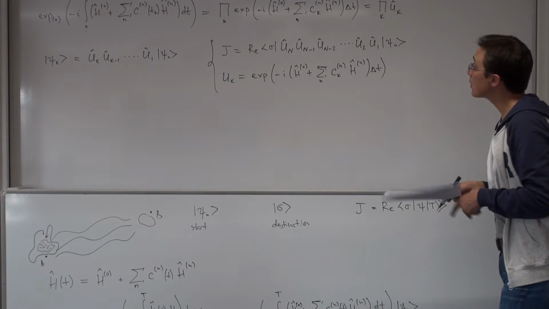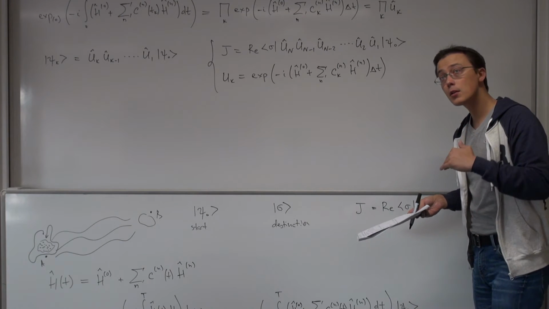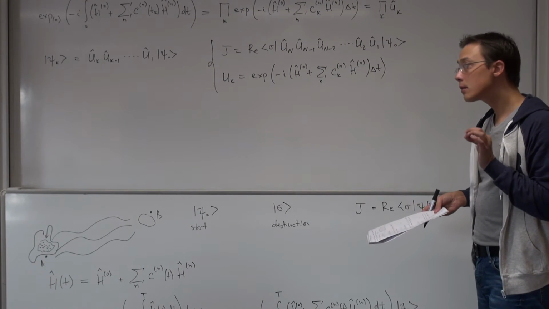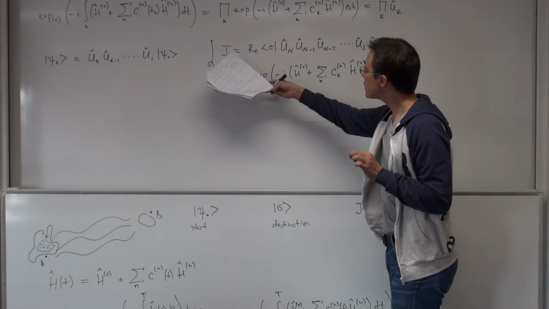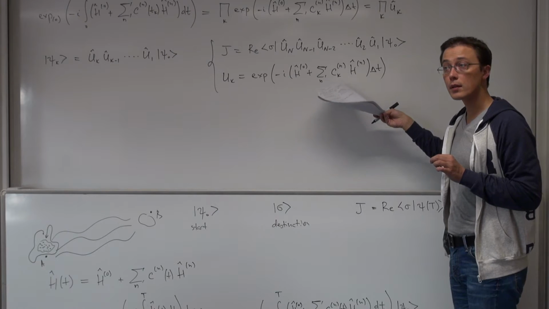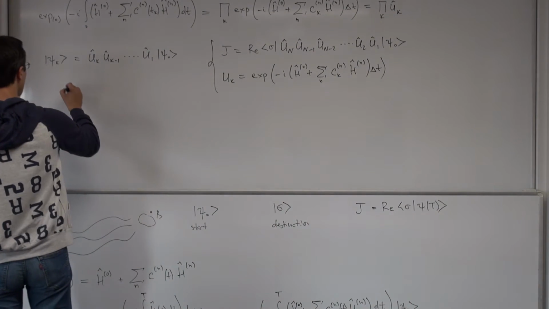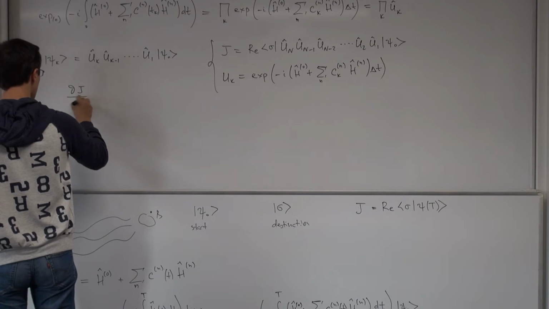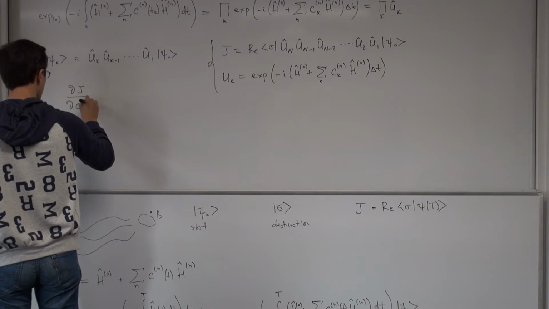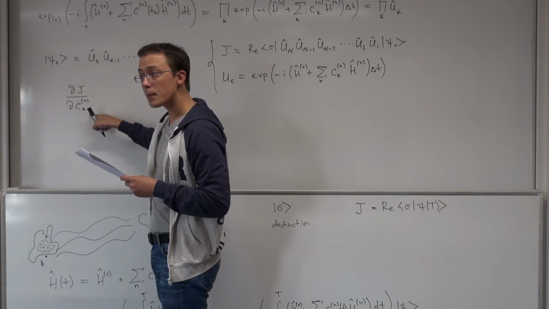So what we need to calculate in order to run our numerical minimization is the gradient of J with respect to the amplitudes of these control sequences. In other words, the thing that we require is dJ by dc_nk for every n and for every k.